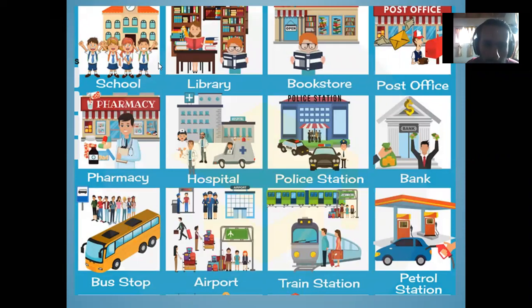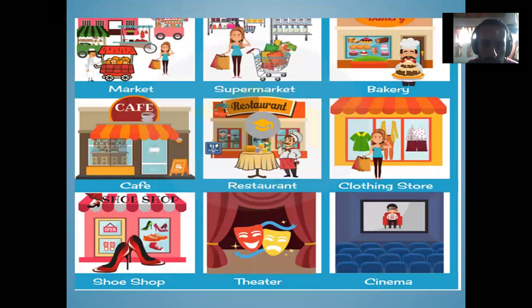In this part, you will find vocabulary like school, library, bookstore, post office, pharmacy, hospital, police station, bank, bus stop, airport, train station, and petrol station, market, supermarket, bakery, cafe, restaurant, clothing store, shoe shop, theater, cinema.